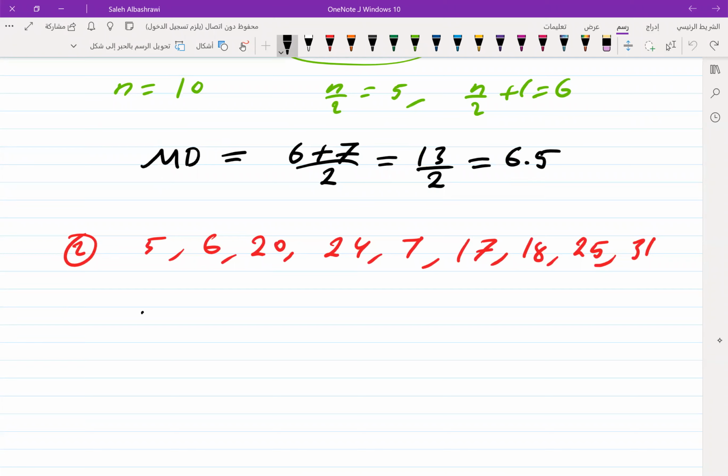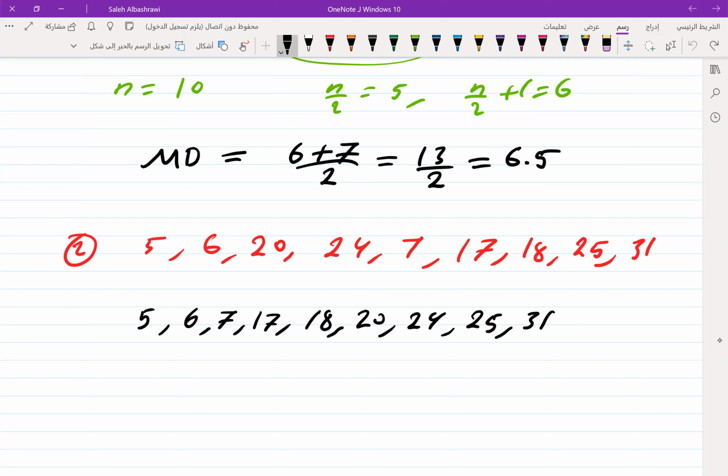First it is 5, then we have 6, then 7, we have 17, 18, we have 20, 24, 25, and 31.